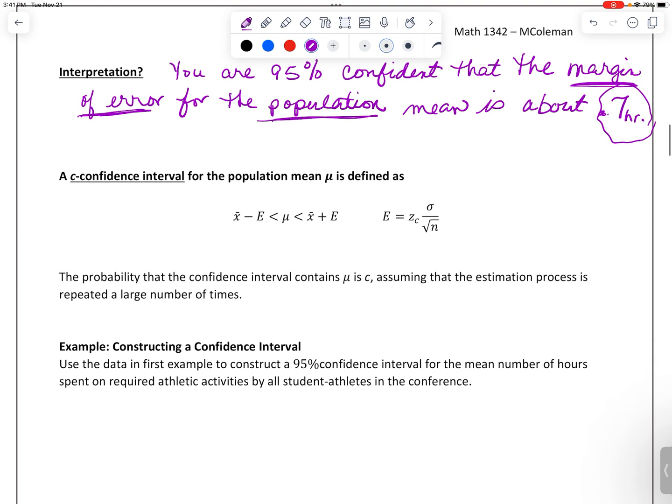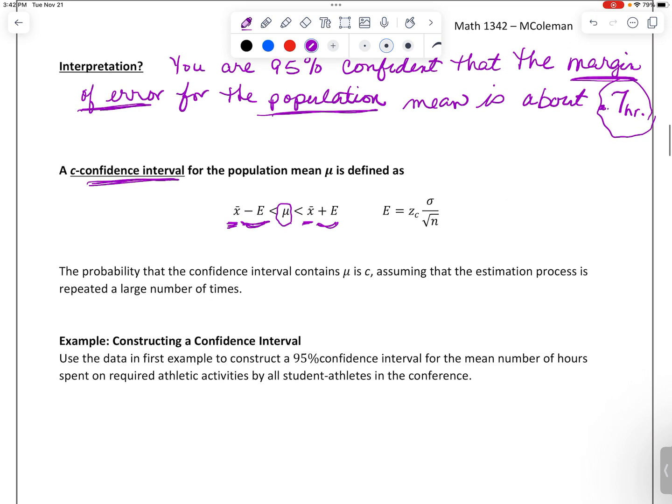And this now is where we start building the actual confidence interval. And what that does is it says, find your mean and subtract E, find your mean and add E, and then your population mean is going to be between these. So I know this is a lot of words. So this is the sample mean. Remember, that's what the x bar is.